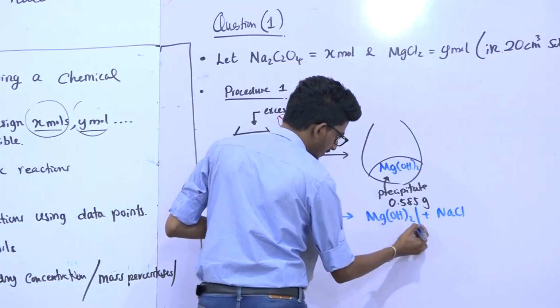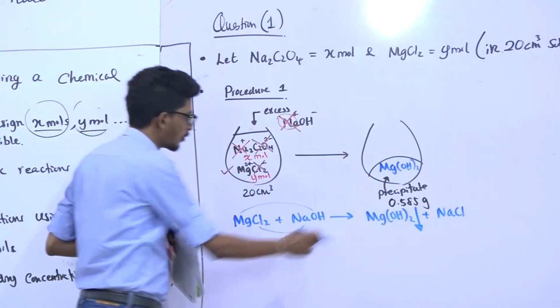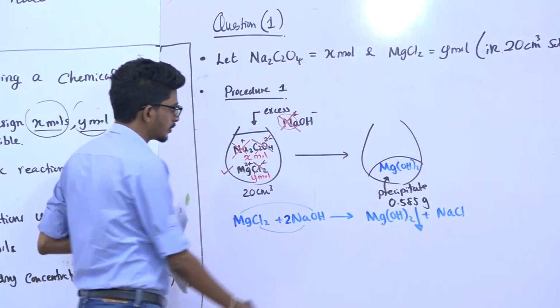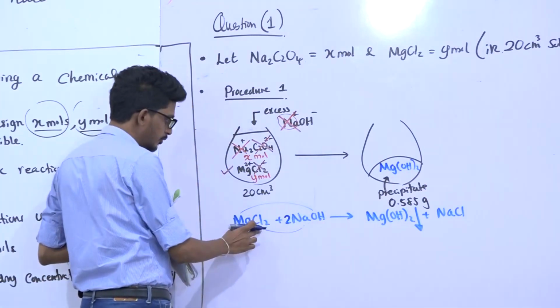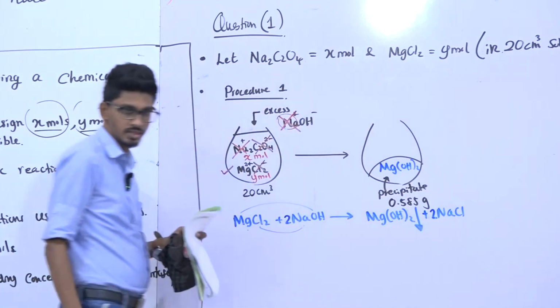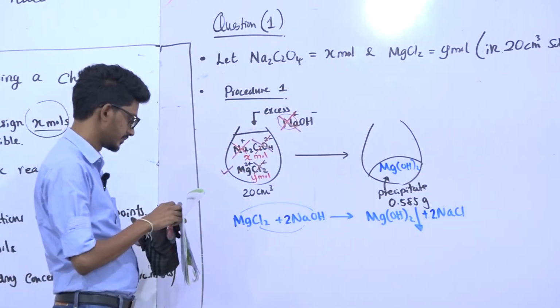Always mark the precipitate. Two OH minus ions appear, so 2 OH minus are needed, along with two Na plus and 2 Cl minus. This precipitate mass is given.